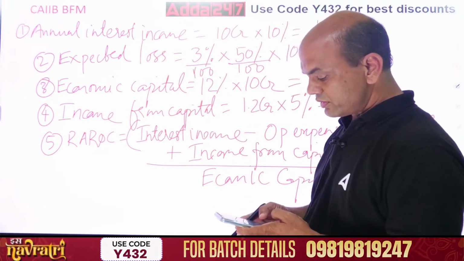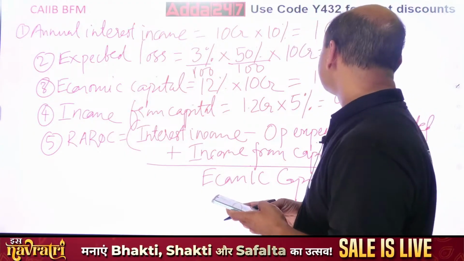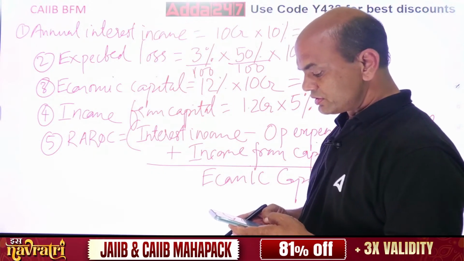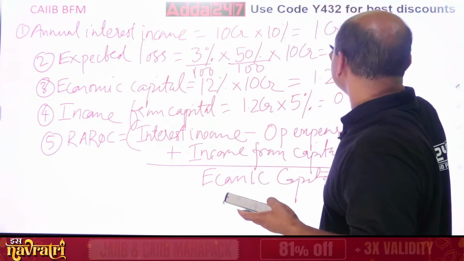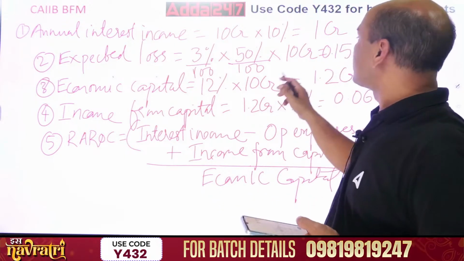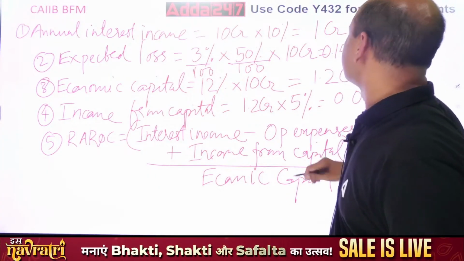Into 10 CR. 10 CR means, let's keep it in CR only. So 0.15. That's what I was also wondering, how come you were getting 15 as a loss? So 0.15 CR.